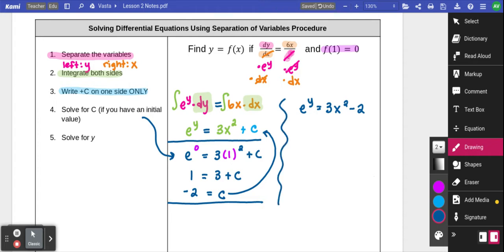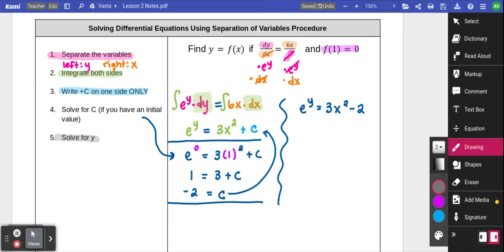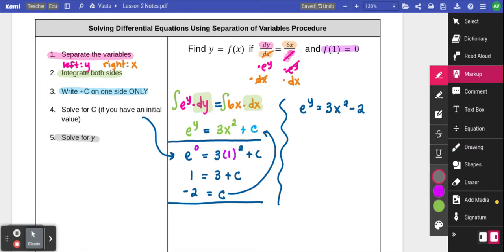The last step of this problem, and as I said earlier, this usually tends to be the most challenging step because it does require us to review a lot of the algebra that we learned earlier in our mathematical career, is to solve for y. So in order to solve for y here, which means I want to get y by itself, I'm going to start to use some of those algebra skills to get y alone.